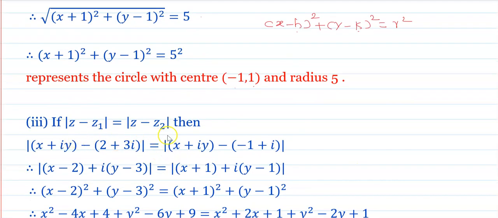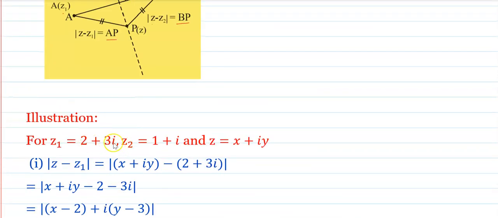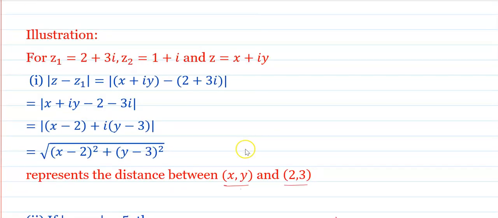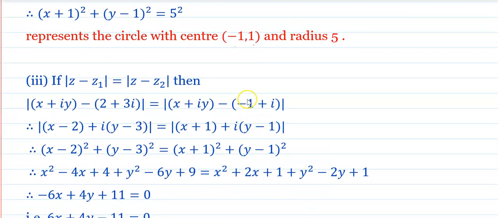Next, a perpendicular bisector represents this. That is, if mod of z minus z1 is equal to mod of z minus z2, then, what value of z1 did we take here? 2 plus 3i. Let's see, here z1 is 2 plus 3i and z2 is minus 1 plus i.